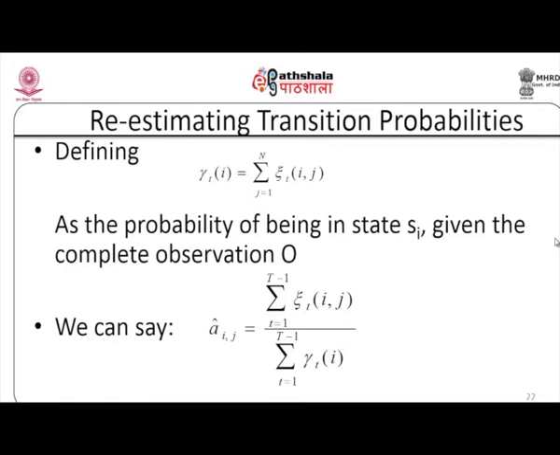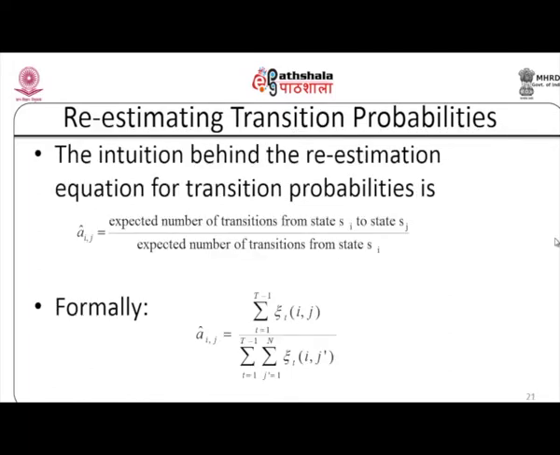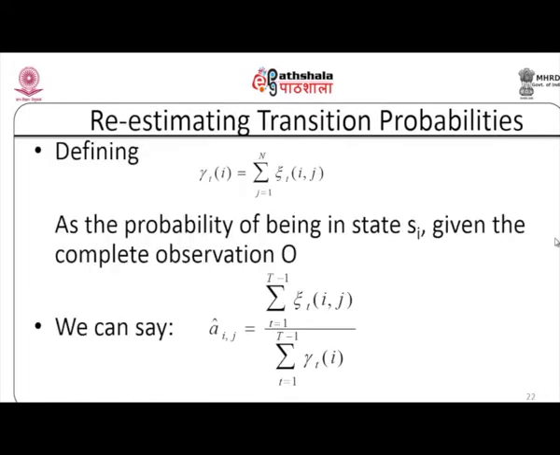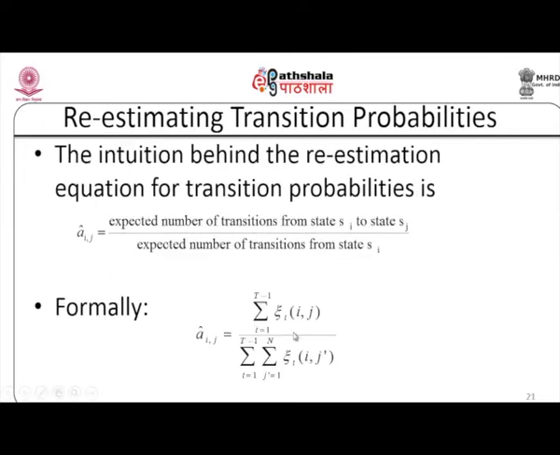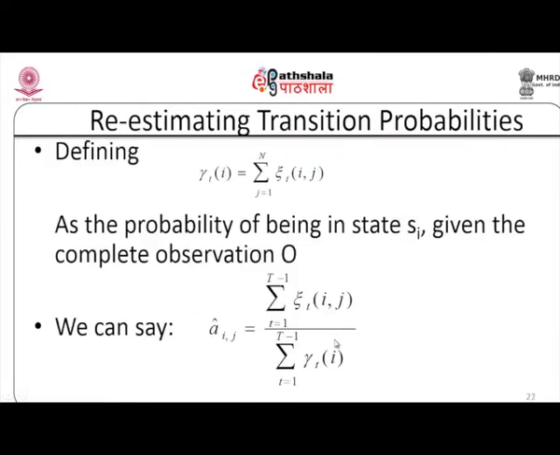We have just redefined the expected number of transitions from state S_i as given by gamma_t(i). We have replaced that summation part and are just naming it that way. It is actually the same equation as the previous one, except that we call this term gamma_t(i). So, that is what we got.